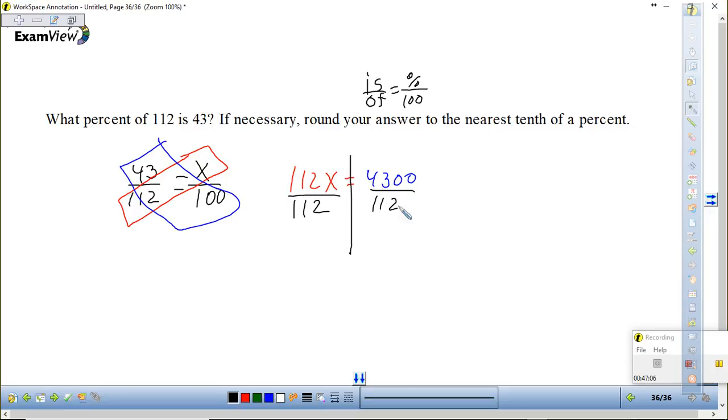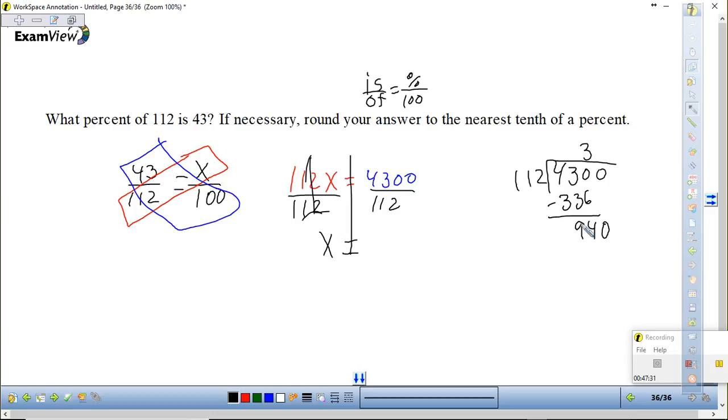Divide by 112. X equals, whatever that is, let's see, 4,300 divided by 112. 112 fits in there how many times? 3. So that becomes 336. Subtract, that leaves us with 94.